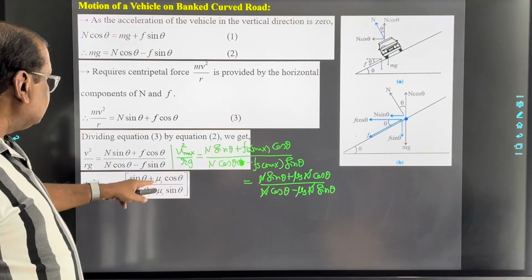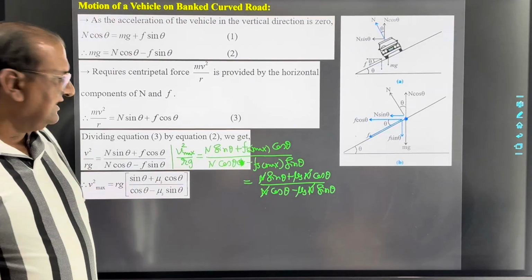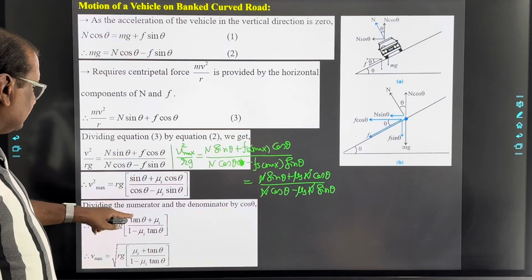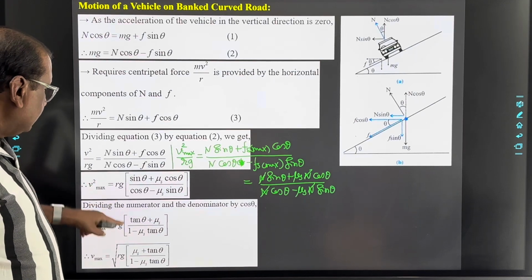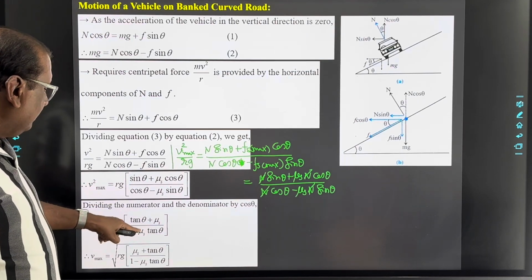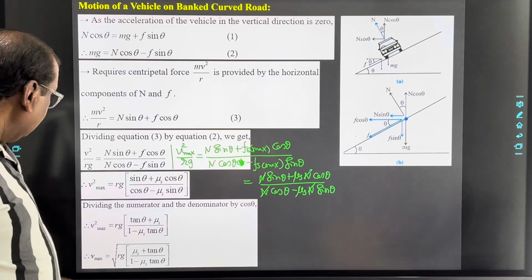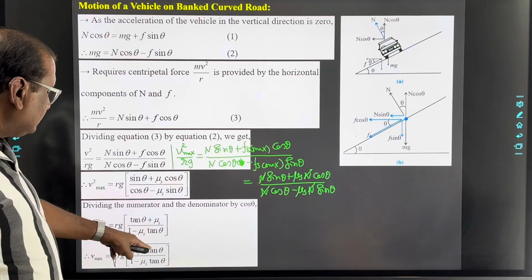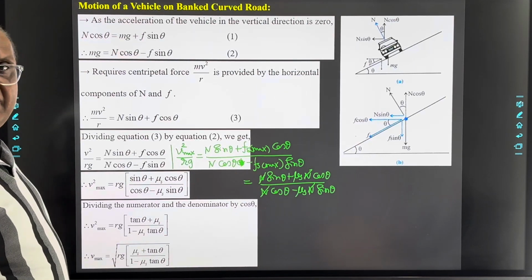Now on the right hand side, divide numerator and denominator both by cos theta. So sin theta upon cos theta is tan theta, cos theta cancelled, so plus mu s cos theta upon cos theta, and 1 minus mu s sin theta upon cos theta, that is tan theta. So v maximum is under root Rg into mu s plus tan theta upon 1 minus mu s tan theta.